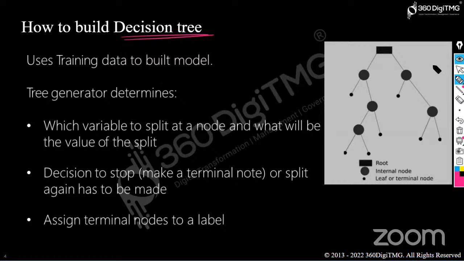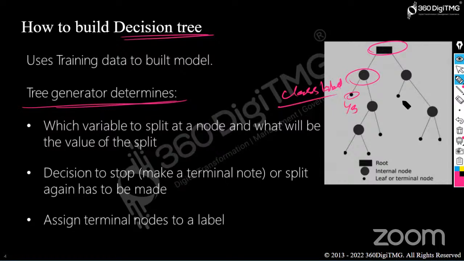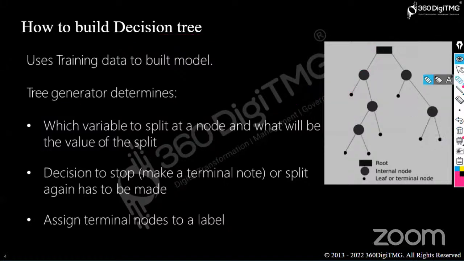So under that we'll be having tree generator determination. So when you're splitting the features, we just need to understand which is root node and which is internal node and which is leaf node. Of course, leaf node will be a class label, either yes or no. It will be like this. Either you play or not play. So that will be your decision.